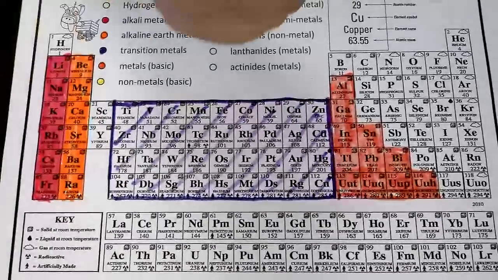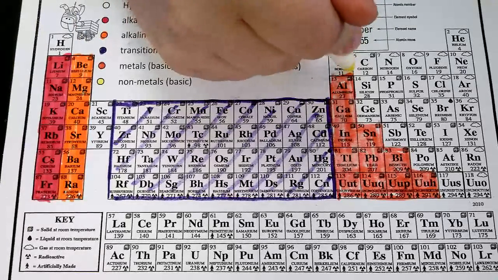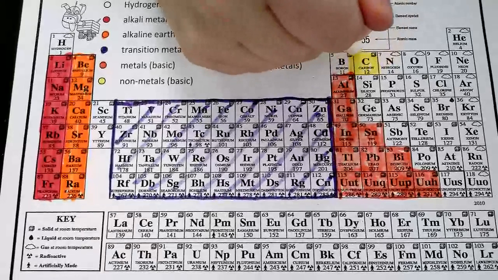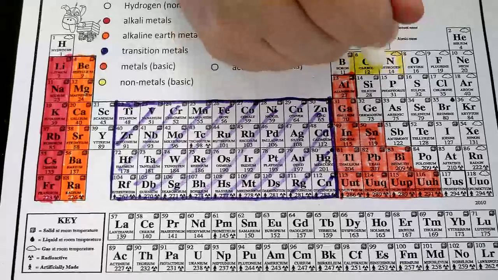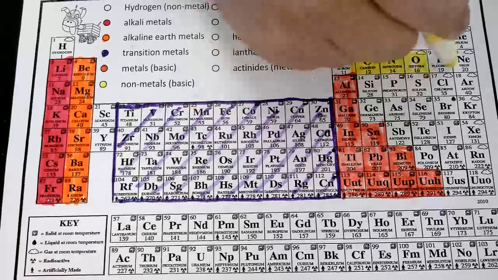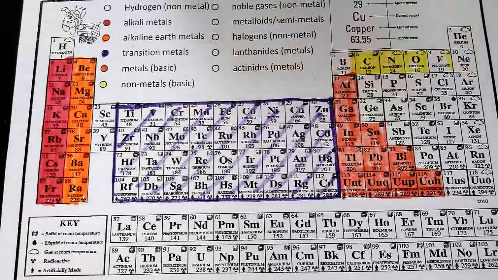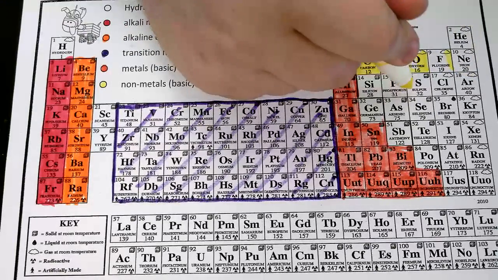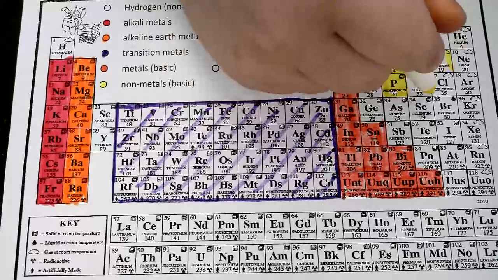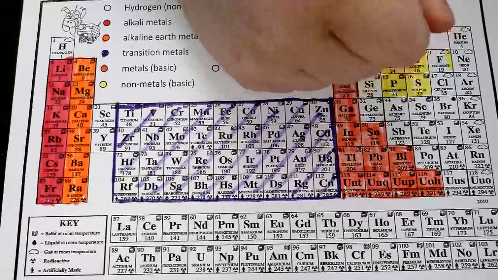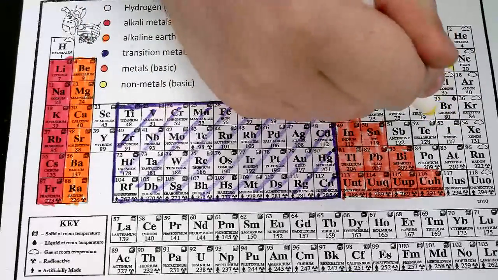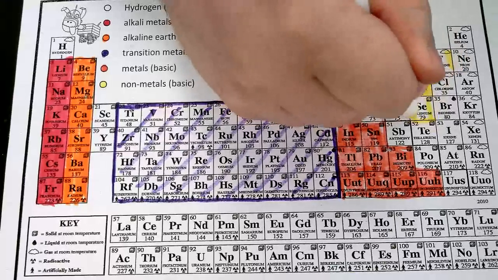So, our nonmetals, things like carbon, nitrogen, oxygen, fluorine, not fluorine, I lied, not fluorine, phosphorus, sulfur, and selenium.